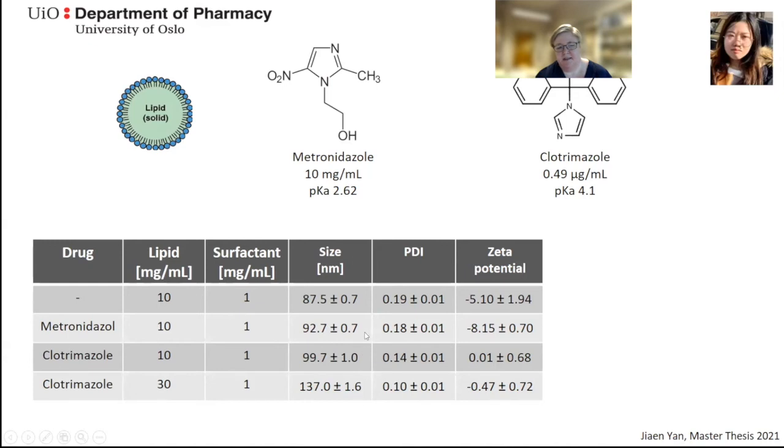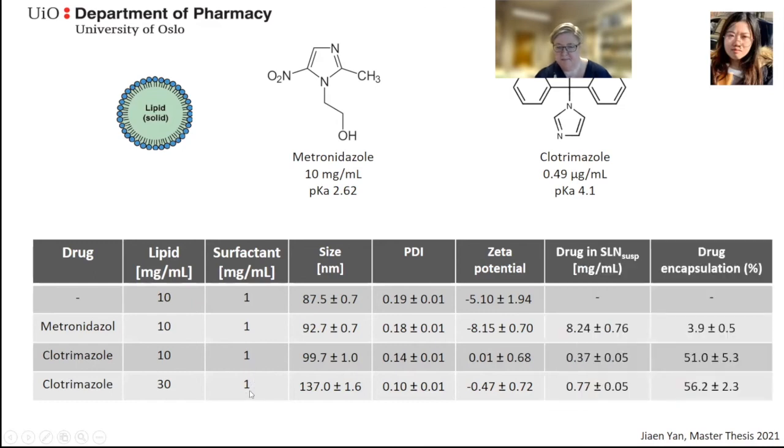In size, we could see a difference between the 2 drugs, and there was also a difference in size depending on the amount of lipid used. Zeta potential was slightly negative or close to 0, but the stability of these particles is ensured by the surfactant on the surface.